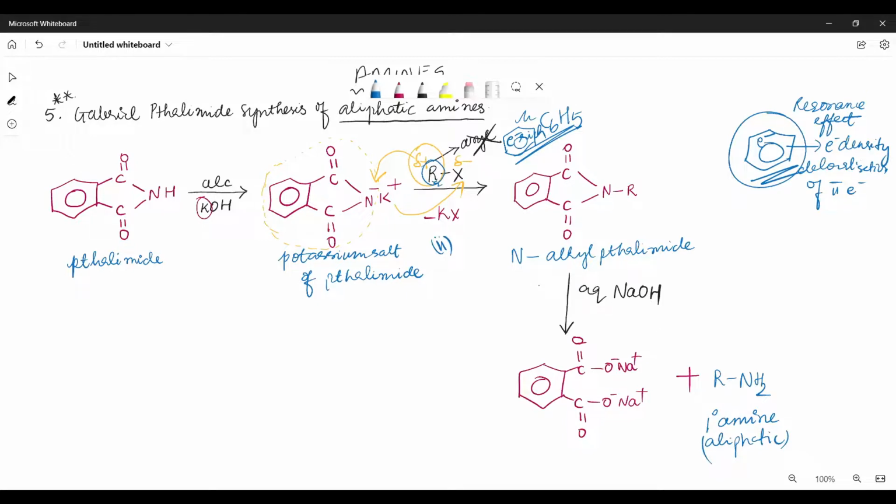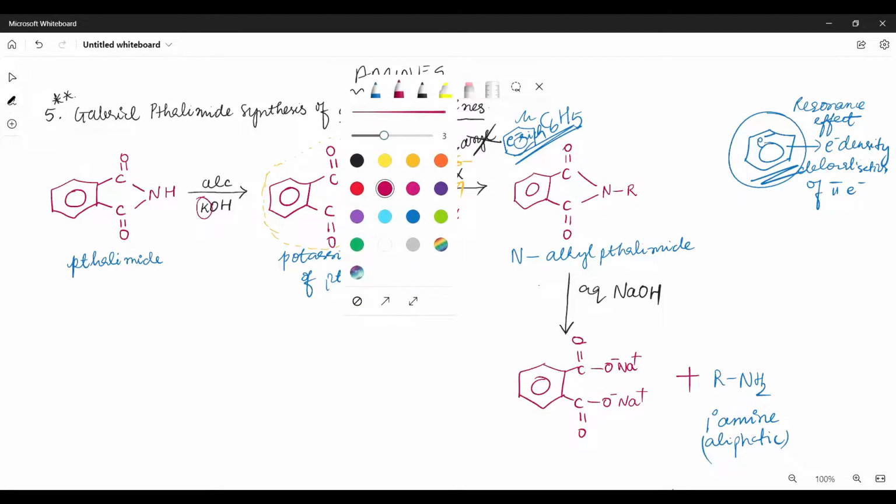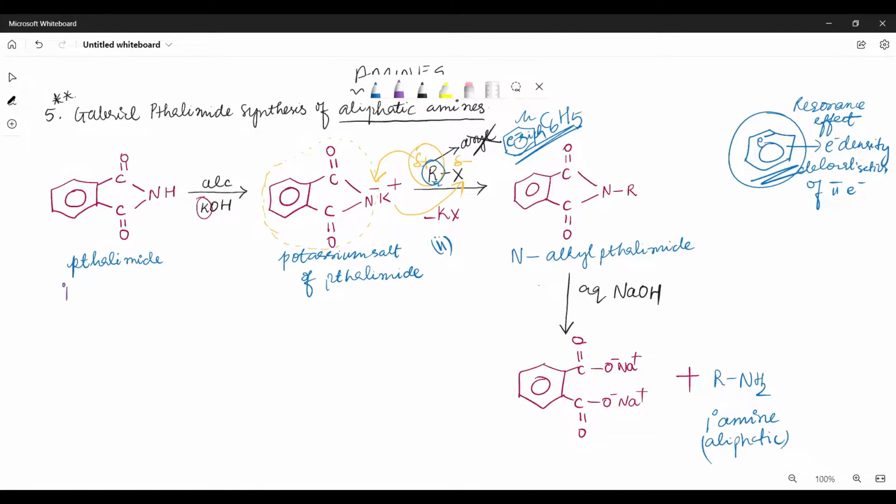So here let me just specify: this first reaction is going to be a neutralization reaction. The second reaction is going to be nucleophilic substitution. And the third subreaction is going to be hydrolysis.